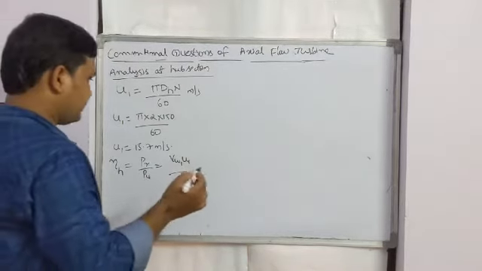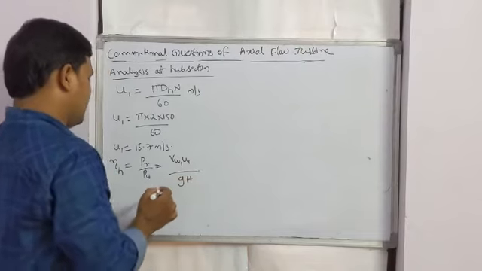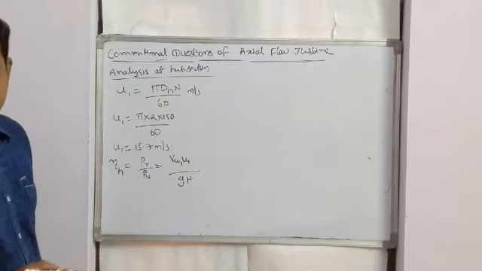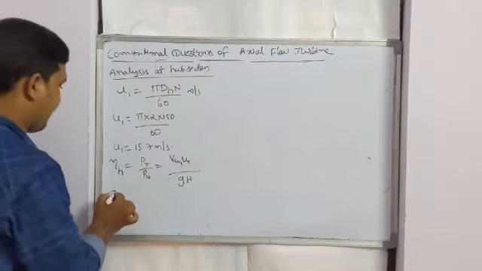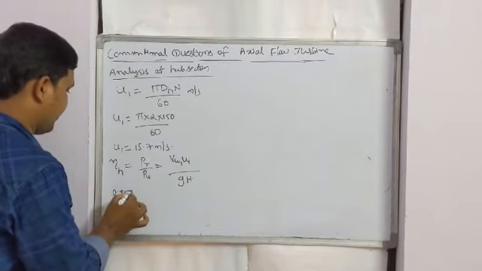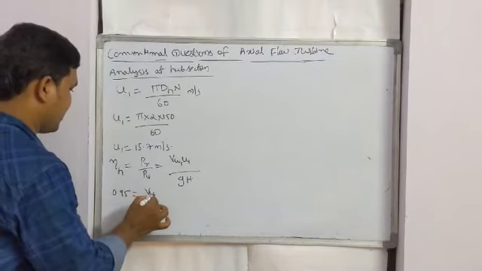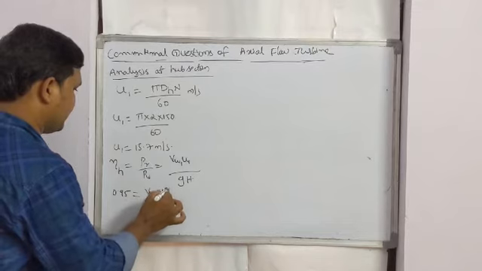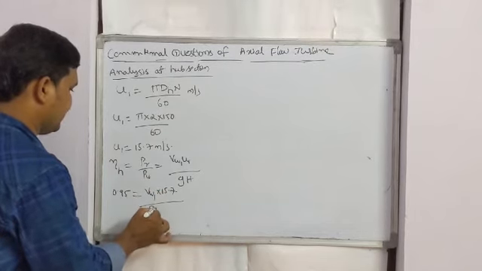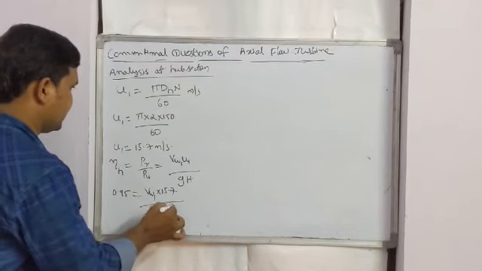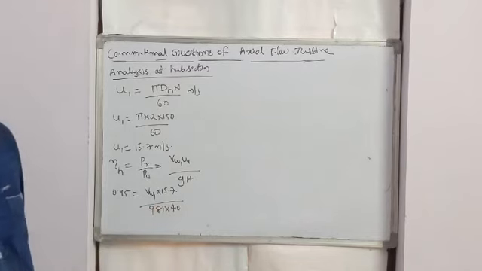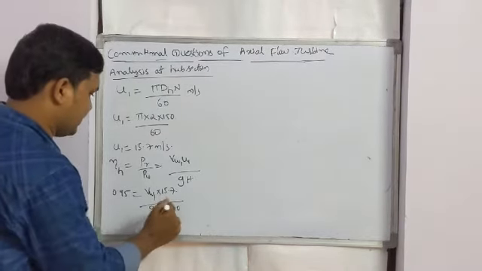So hydraulic efficiency is given as 0.95. VW1 we don't know. U1 we already found as 15.7. G is 9.81. H is given in the problem as, I think, 20 meters, not 40 meters, 20 meters.